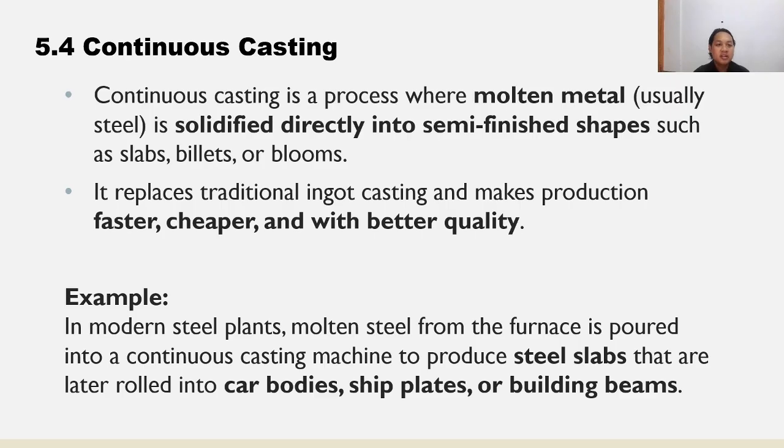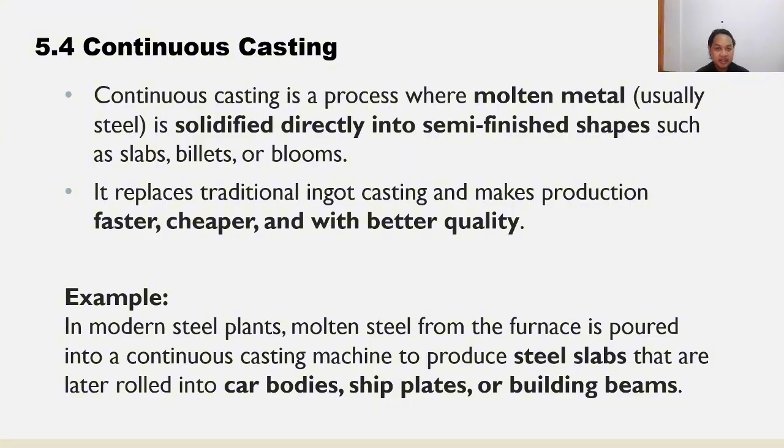Next, we have continuous casting. The inefficiencies and the problems involved in making steels in the traditional form of ingots are alleviated by the continuous casting process, which produces higher quality steels at reduced cost.